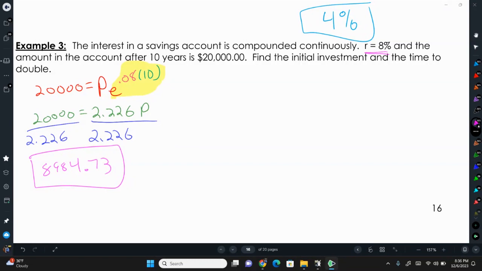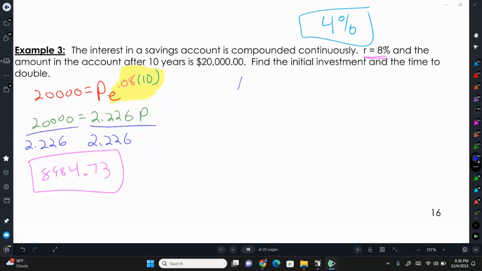So there's a neat trick with figuring out how long it will take for your investment to double, because our formula again is A equals P times e to the rt power. Well, the thing is, if we want to know how long it will take to double, that means that our A value right here would be 2 times our P value.